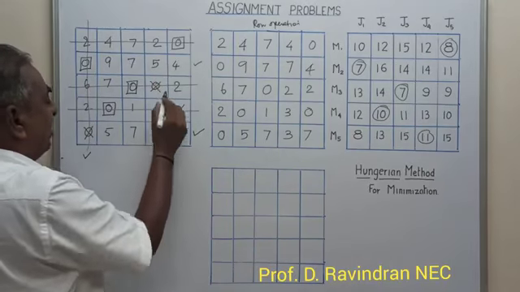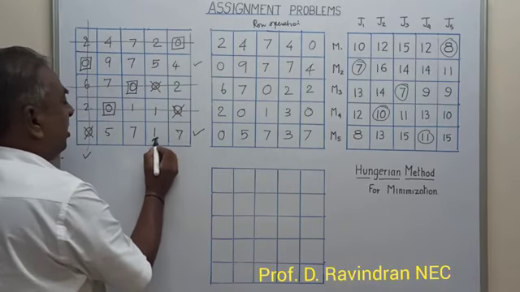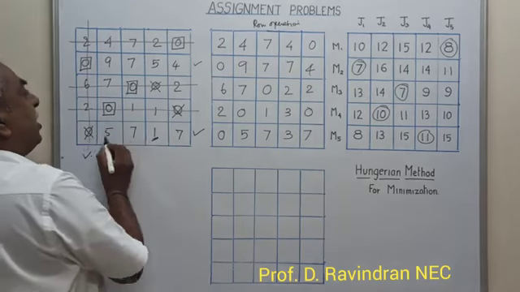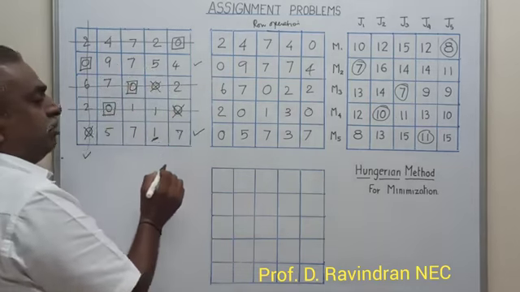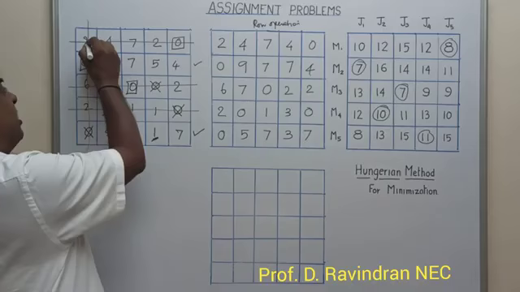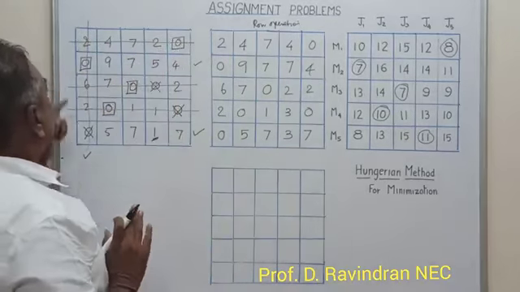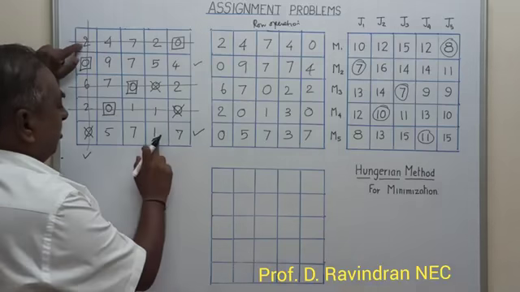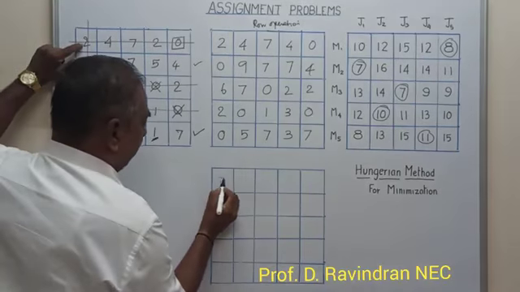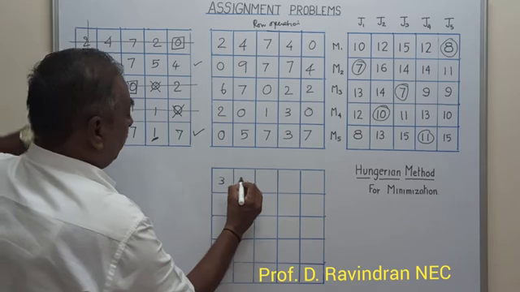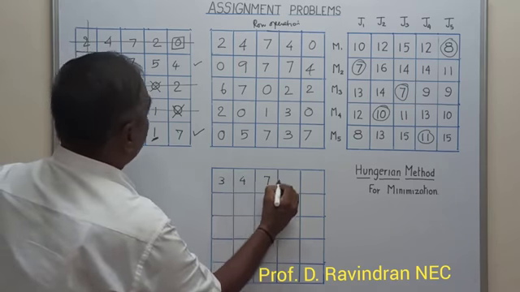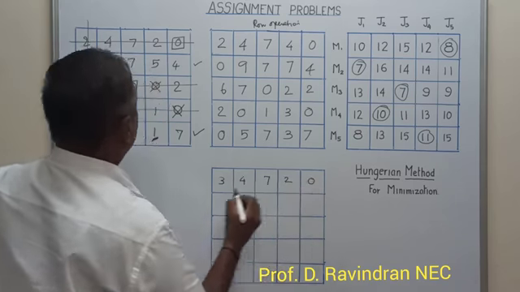Among these uncovered elements, find the minimum element, and this element has to be subtracted from all other uncovered elements and added to the junction elements, and other elements are kept as they are. For example, here is a junction element, the minimum element is 1, so we add it to this 3, and 4 we keep as it is, 4, 7, 2, 0, etc.